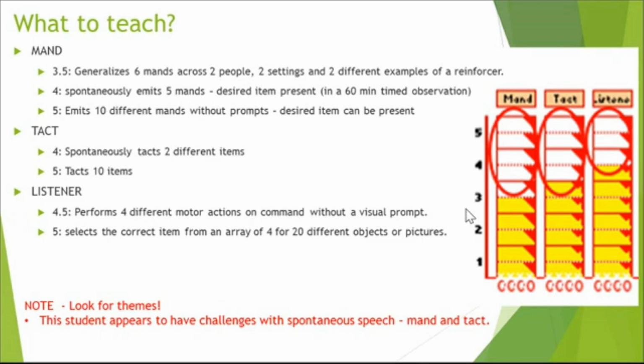Quick visual analysis tells us the weakest repertoires for this learner are the mand, the tact, the listener, the echoic, and the vocal. What I am also seeing when I go back to those milestones and see which ones were missed is that there's not a lot of spontaneous sounds going on.